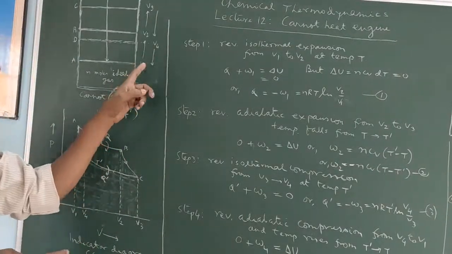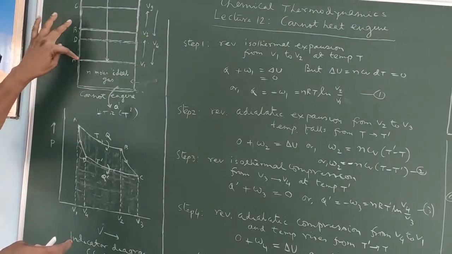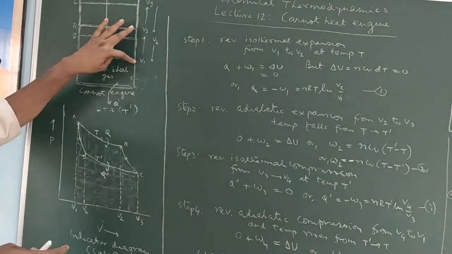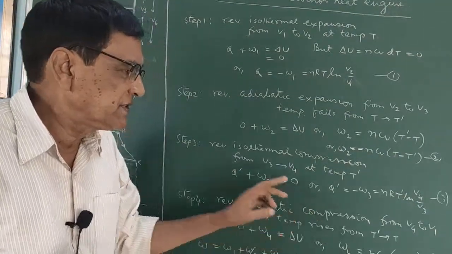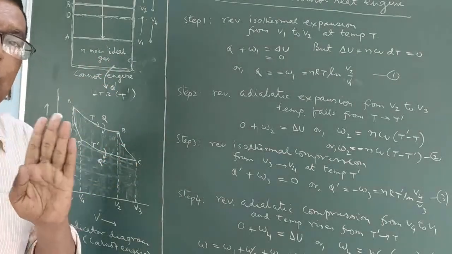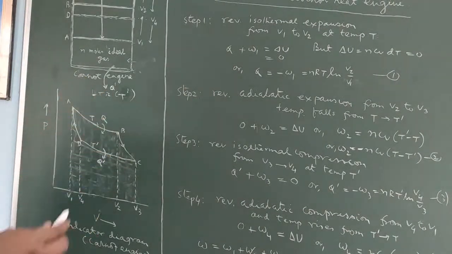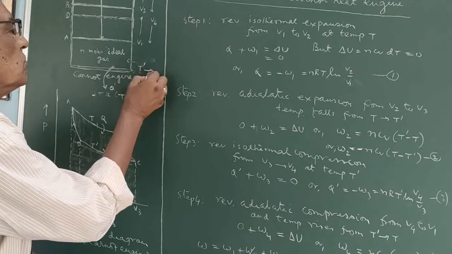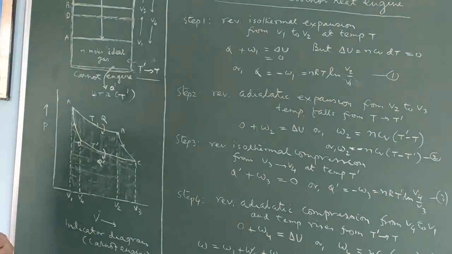So whenever the pressure is increased, it is coming to its initial position, and in case of reversible adiabatic compression for this ideal gas, there will be a temperature rise from T dash to T.